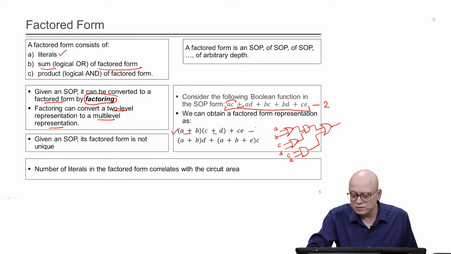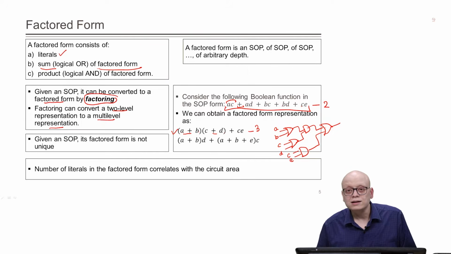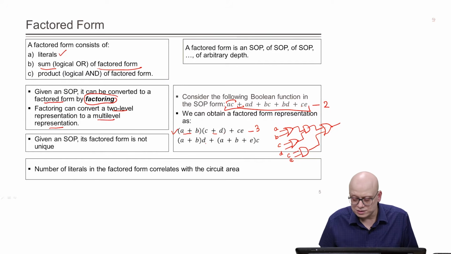So here we have level as 3, and in this representation, how many levels are there? 1 for this, 1 for this and then 1 for this OR. So here also we will have 3.